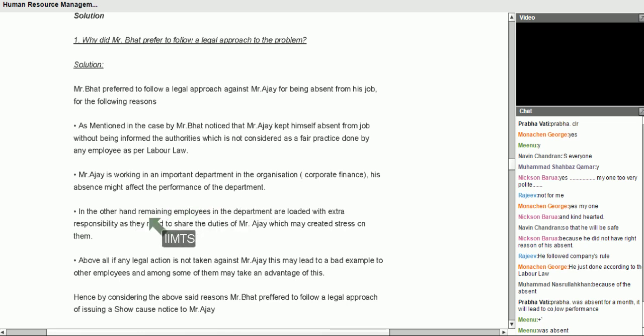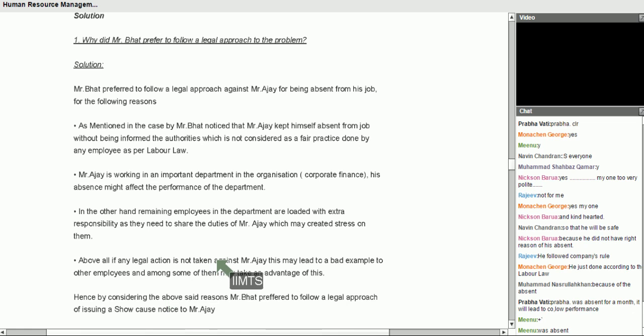On the other hand, remaining employees in the department are loaded with extra responsibilities as they need to share the duties of Mr. Ajay, which may create stress on them. Above all, if any legal action is not taken against Mr. Ajay, this may lead to a bad example to other employees, and some of them may take advantage of this. So this point is also correct, right?